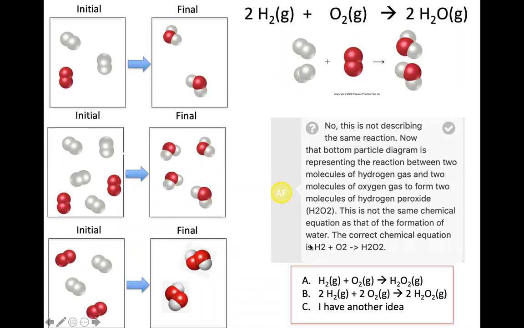Do you agree with A, B, or C? Take about 10 more seconds.